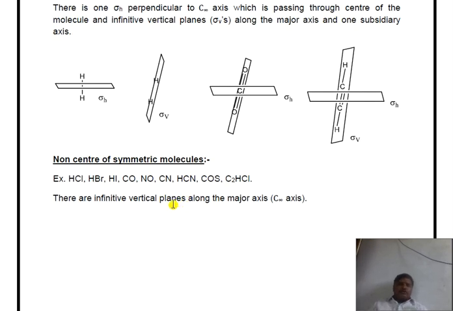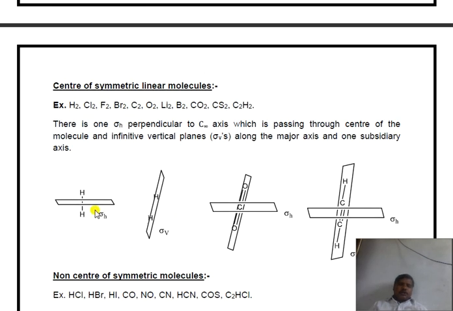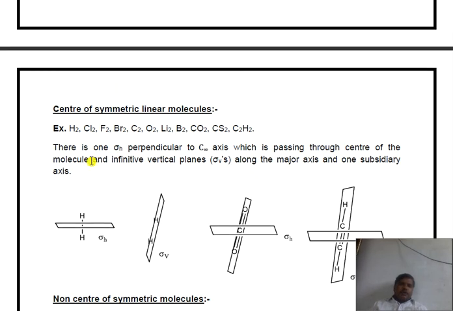Like that we can see linear molecules with a center of symmetry and linear molecules without a center of symmetry. Center of symmetry linear molecules are like H2, Cl2, F2, Br2. In these, the principal axis is C infinity, and there is a plane of symmetry which is perpendicular to C infinity, and also infinity sigma v's, infinity planes of symmetry which are parallel to C infinity.